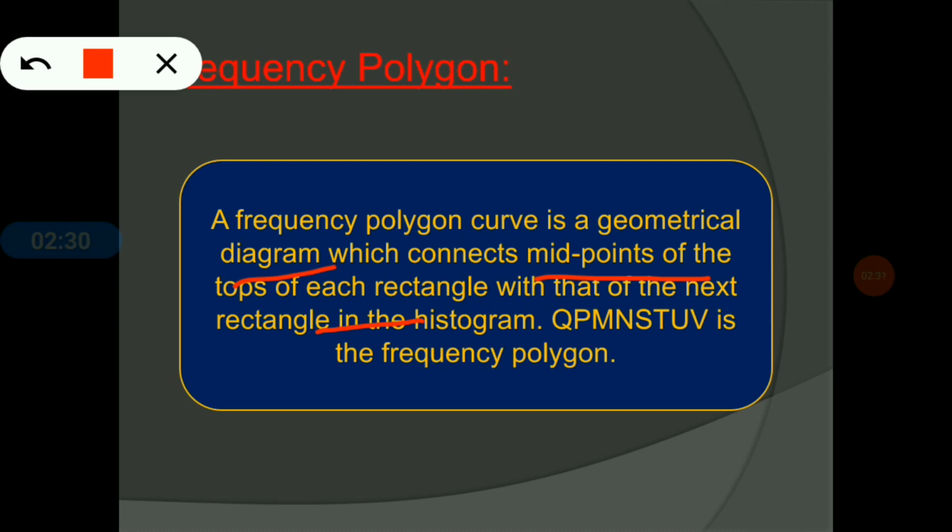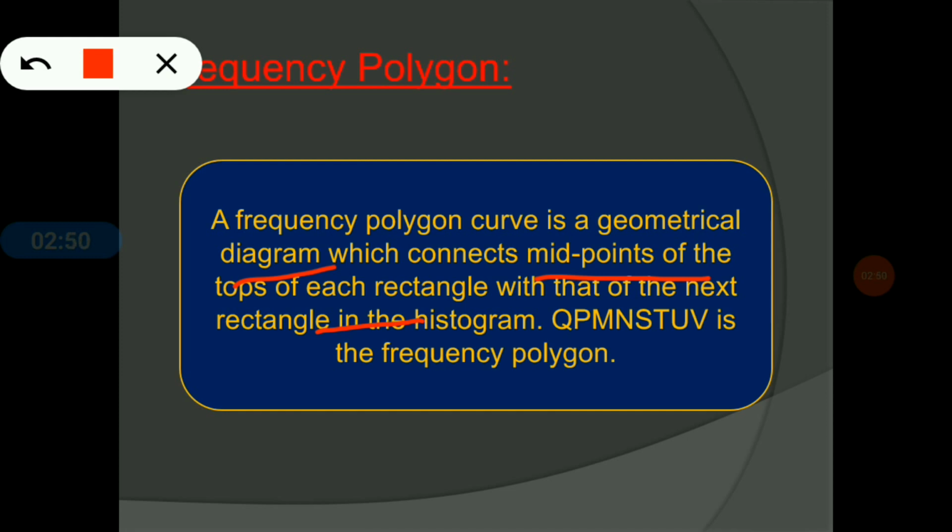Why are we using the frequency polygon for diagrammatic representation of data? Because it is used in the presentation of data, and it helps to show the total frequency distribution through a graph made by connecting lines joining the midpoints of all rectangular bars in the histogram.